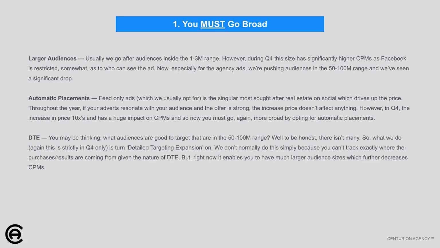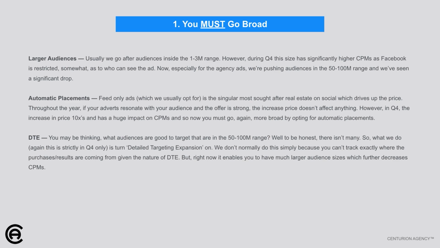Now DTE, right? That stands for detailed targeting expansion. Now, you may be thinking, what audiences are good to target that are in the 50 to 100 million range? To be honest, there's really not that many. So what we do, and this is strictly only in Q4, is we turn on detailed targeting expansion.